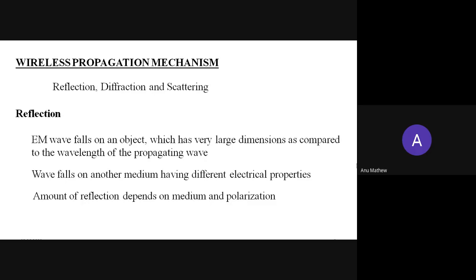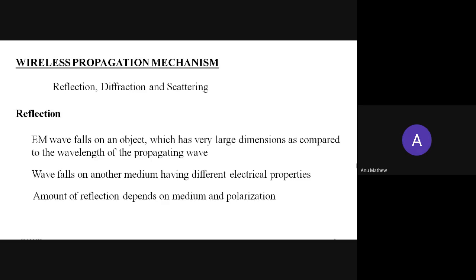Basically, we are assuming that the transmitter and receiver are in line of sight, or the signal is transmitted from transmitter to receiver in a straight line. But actually the signal transmission is not in line of sight, because of many obstructions like buildings, mountains and trees.